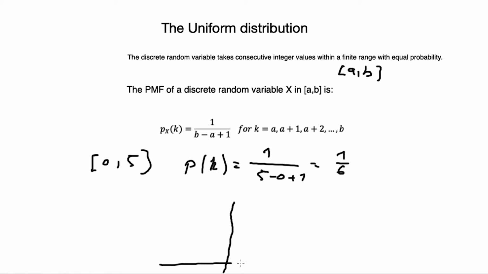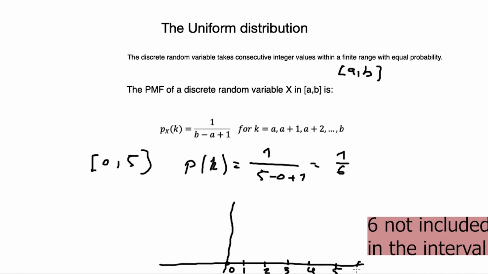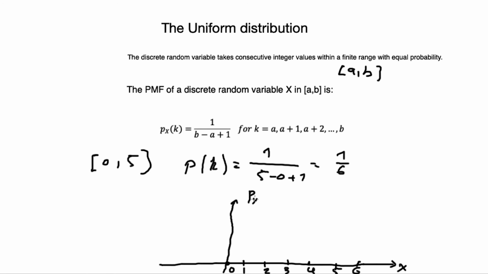So we have values 0, 1, 2, 3, 4, 5, 6. Here is x. Here is P_X of k. All the values are the same, 1 over 6, 1 over 6. All of them are equal.